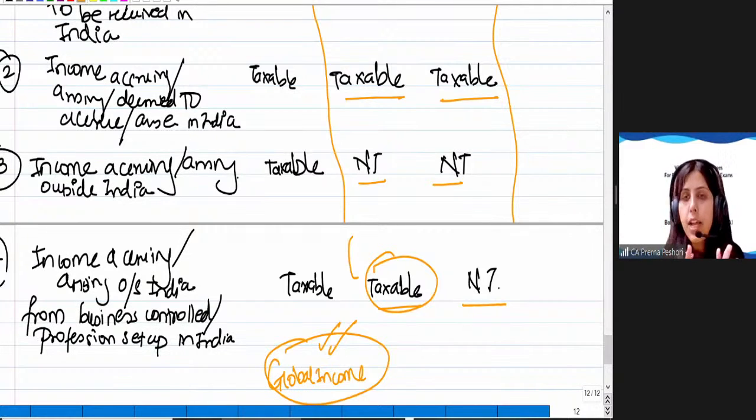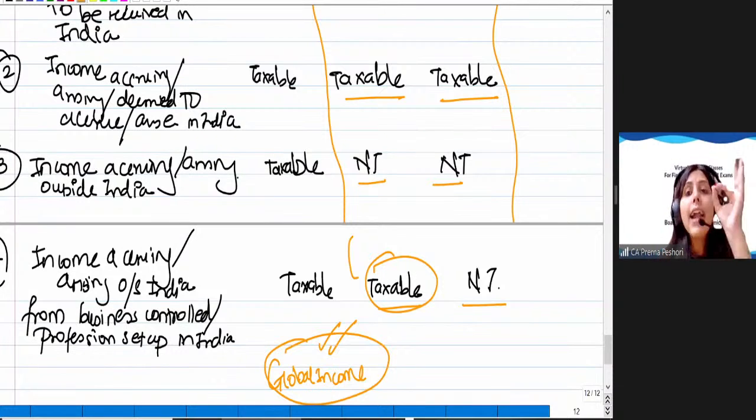So a separate category is created, which is just like a non-resident, but is not a non-resident. It is resident and not ordinary resident. Though the tax rates of a resident will apply, he will not have to declare his global income. That is why a separate category is created.